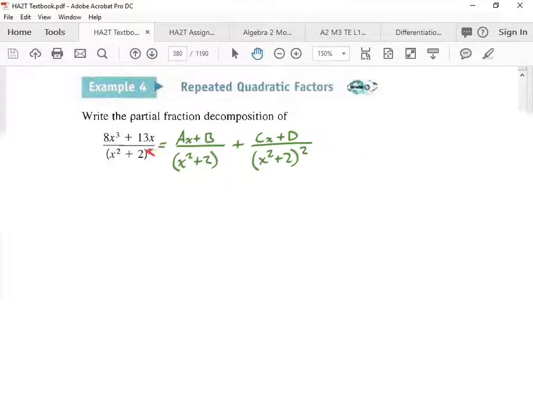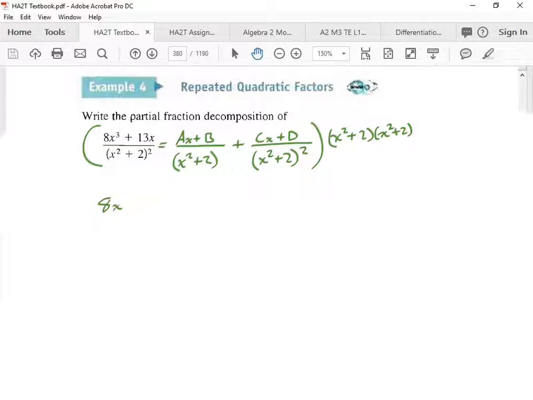So let's see, we gotta get that going. Okay, cool. All right, now what am I gonna do to both sides? I'm gonna multiply everything by the common denominator, which is x squared plus 2 raised to the second power, or I can write it twice. All right, if I multiply it to the first term right here, the denominator just cancels out.